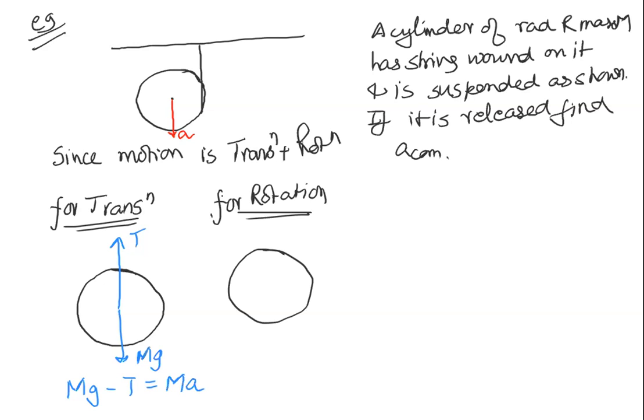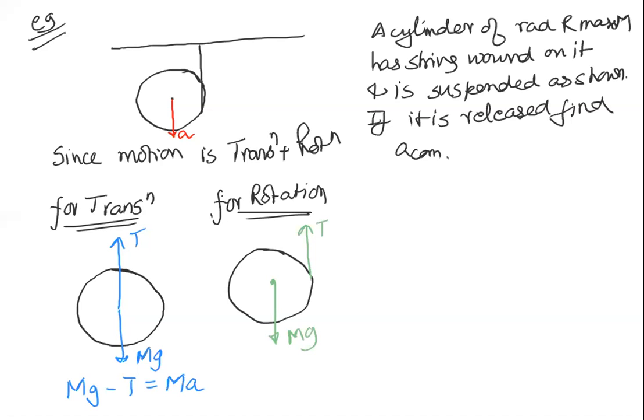And now I have to draw the rotational free body diagram. That means I am bothered about the point of action of these forces. For the moment, I will show you later how to handle other origins.